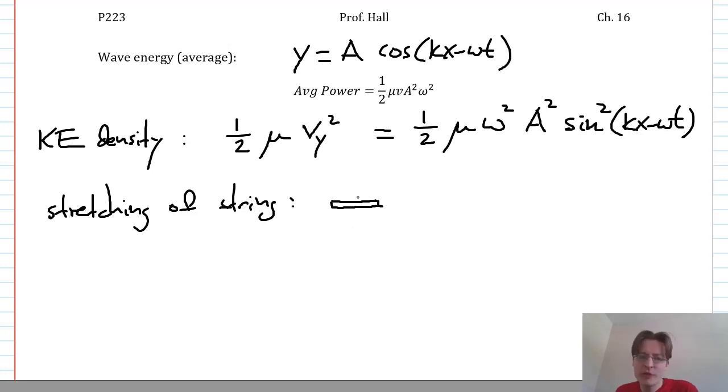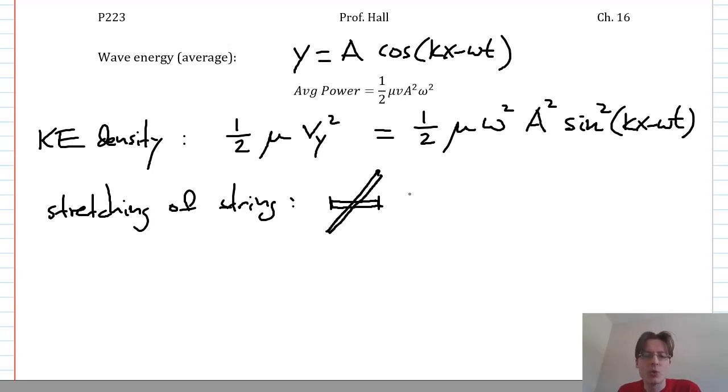And when the wave is there, it's angled and stretched out. So between these same 2 points on the x-axis, if the wave is present, the string has some angle there, and it's stretched out like that, elongated. It's the same string, just stretched out up and down to be angled.